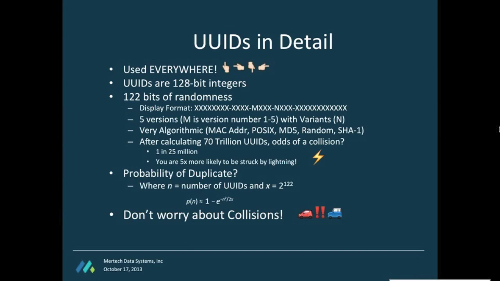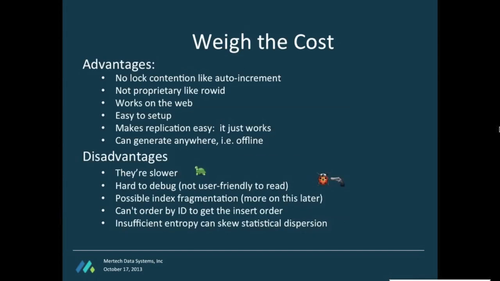So what this all means is that you don't have to worry about collisions. In most of the applications we're building today, we're dealing with data sets that are so much smaller that it's not even on the same scale. So using UUIDs in your application and in your database, you shouldn't have to worry at all about collisions. They're very safe from that standpoint.